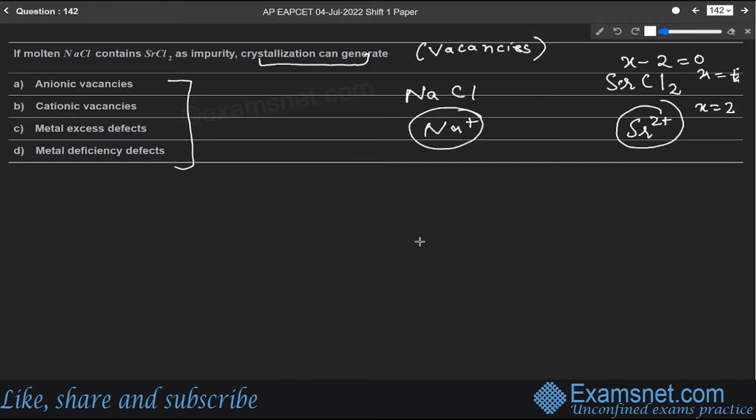So now look into the question. For SrCl2 to replace, you need 2Na basically. So 2Na would only combine with Sr2 positive, right? So if I make 2Na, Na positive, Na positive, and Sr2 positive, right?